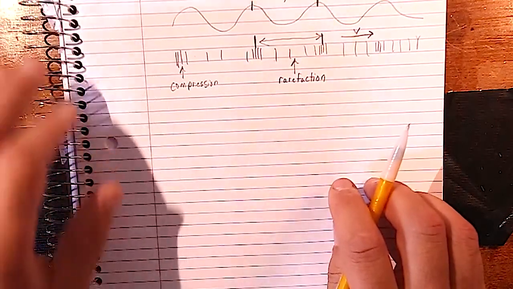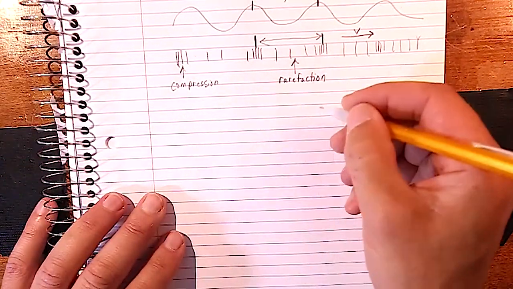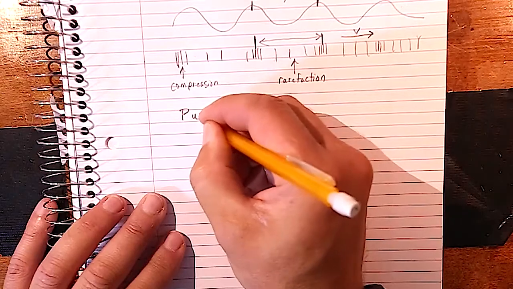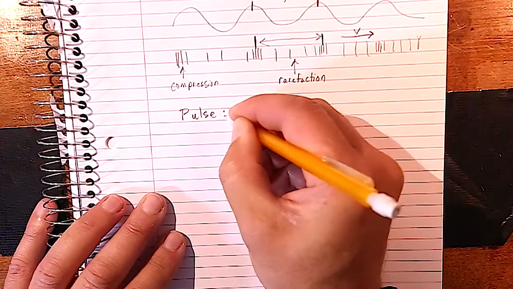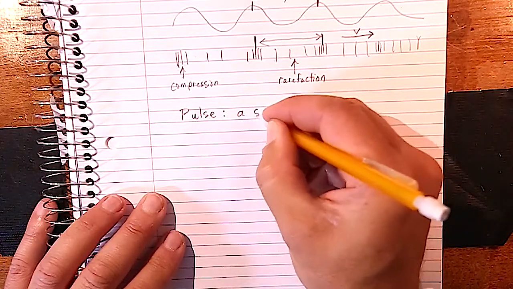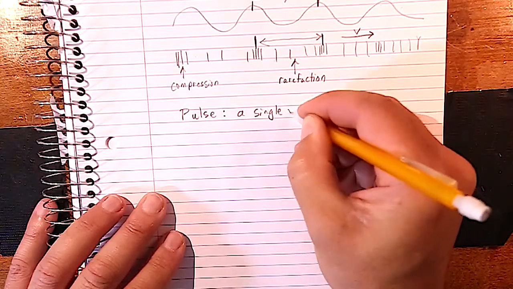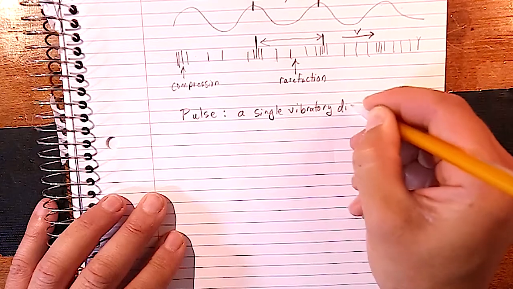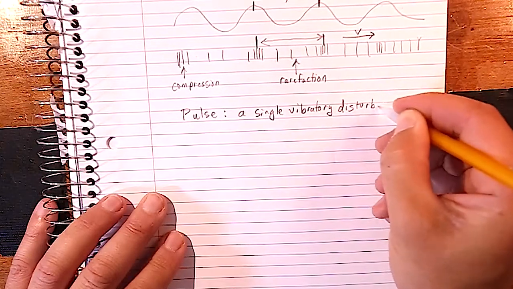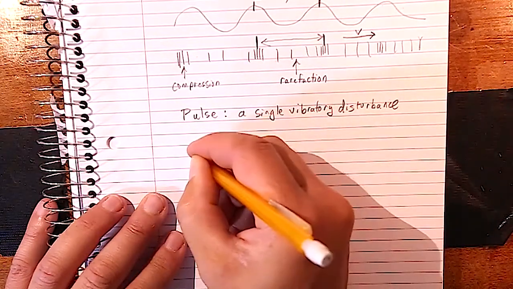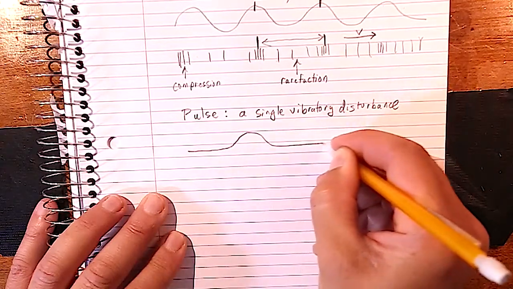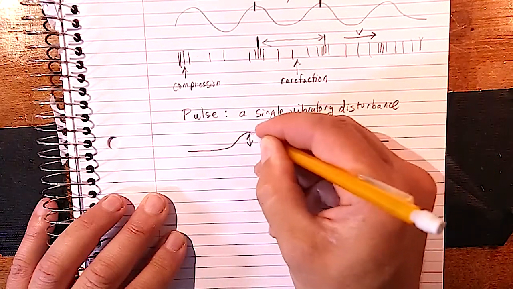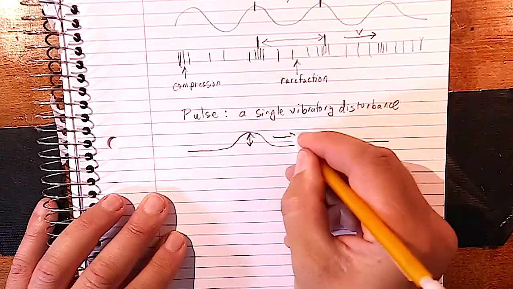What if we only have one disturbance? Well, that's called a pulse. A pulse is a single vibratory disturbance. So what does that mean? If we're talking about transverse waves, then we're talking about just a single vibration traveling through space.